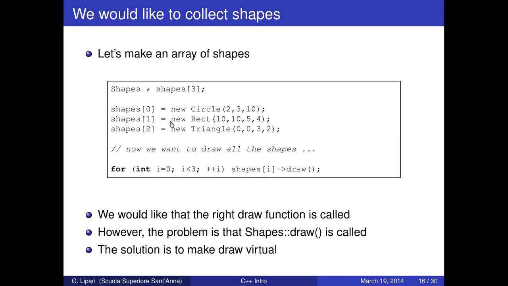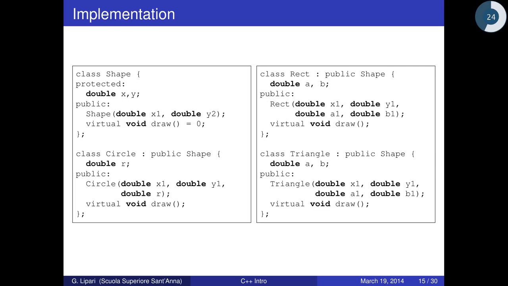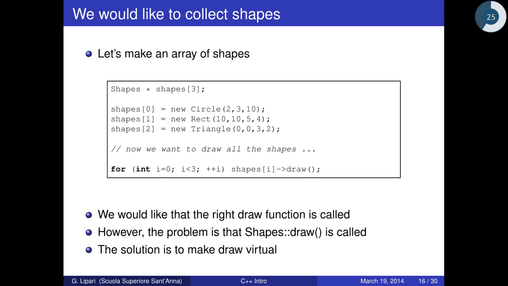Okay? And then I do a for cycle in which I just call the draw function on all the shapes, and I just define the draw function into shape. Okay? Now, which draw function is going to be called? Okay?